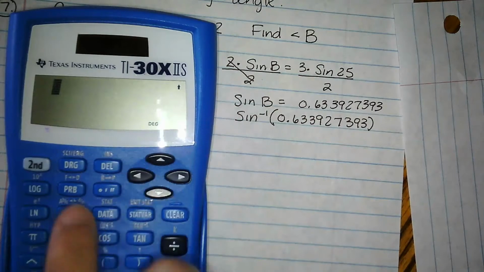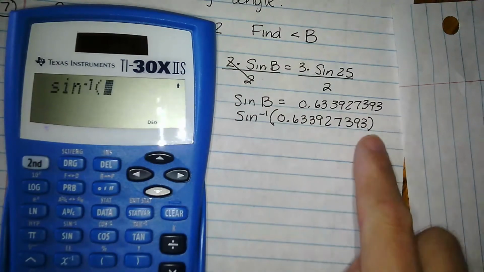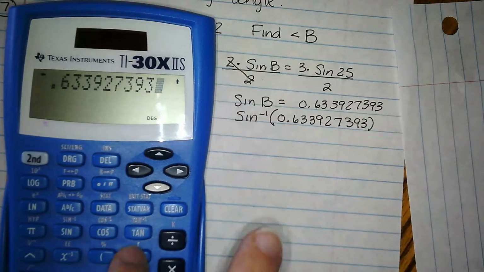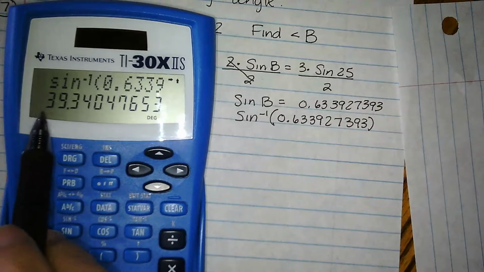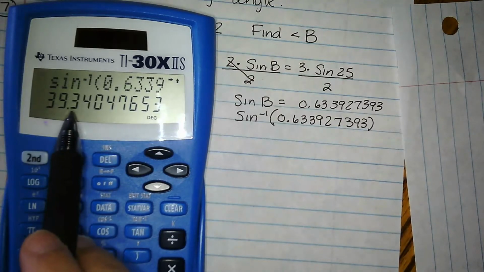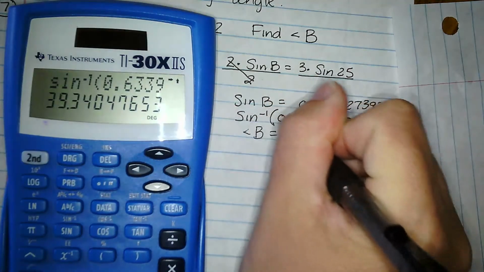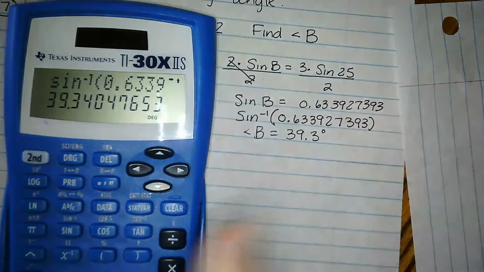Let's hit the inverse of sine and type this in. 0.6371... 39.3. So angle B is 39.3 degrees.